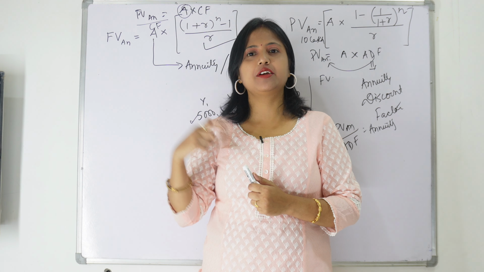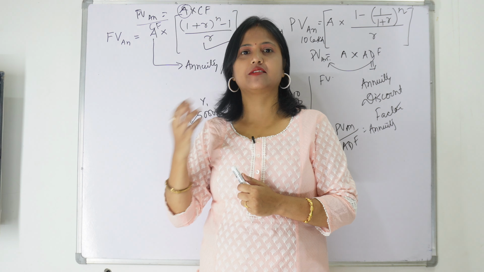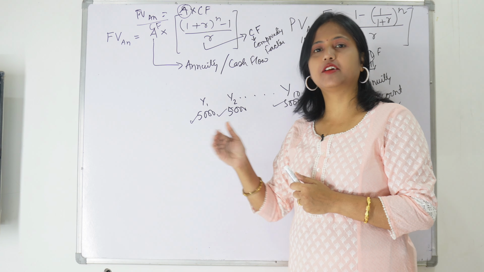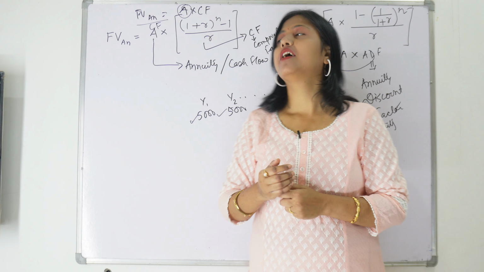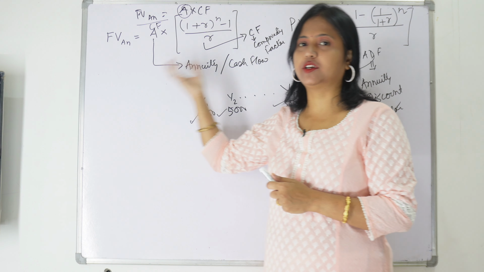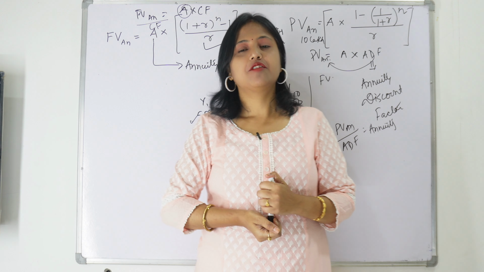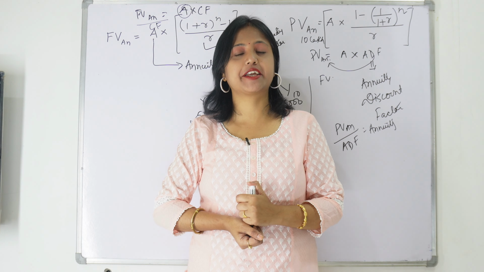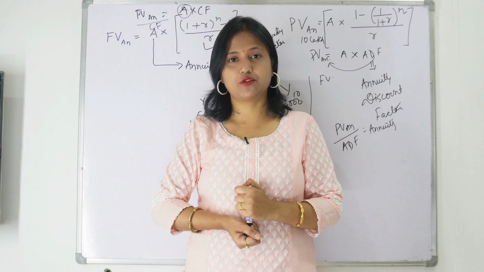So ordinarily you are supposed to know what an annuity is, a simple stream of receipts that recurs at a particular periodic interval, and you are interested to know the future value of annuity and the present value of annuity. Friends, let us now see, if I don't have this formula in mind, how will I calculate the present value and future value of annuity?